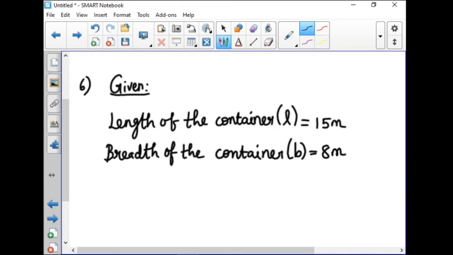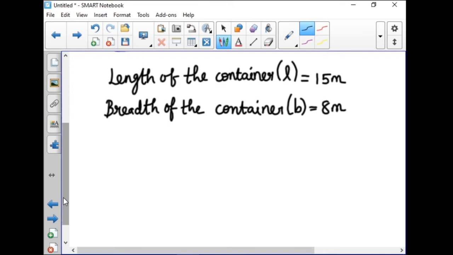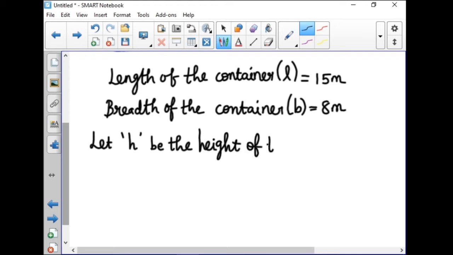Okay. So we want to find the height. You can take it as h. Let h be the height of the container.